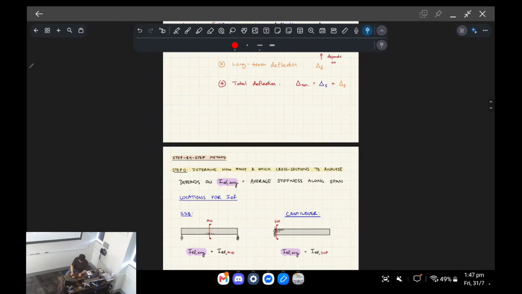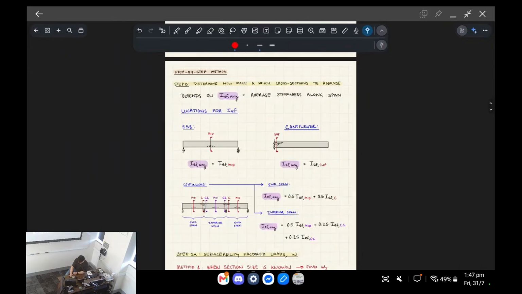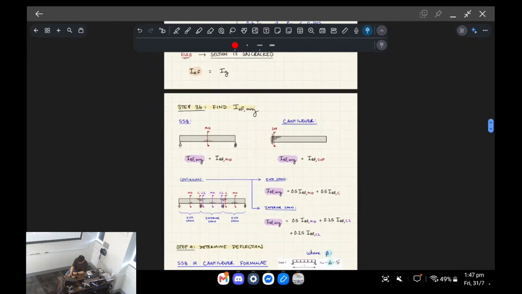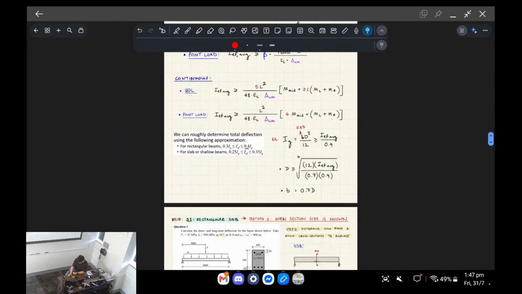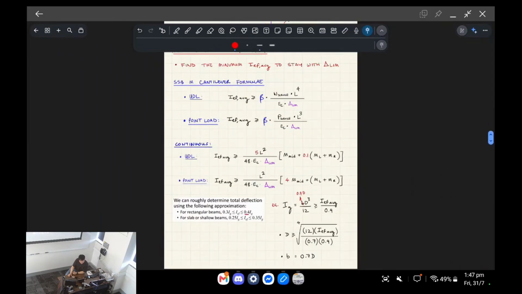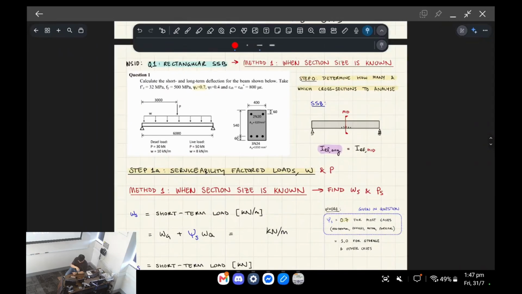What I'll do is, in these few pages, from page 10 to 16, these are my step-by-step notes on how to do serviceability questions. I just have the question here that we're actually going to run through.